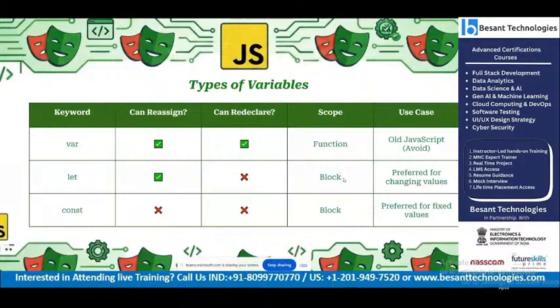In the if block it can be reassigned, but in the main block it can't be. And var you can redeclare anywhere in the program, so that's what many JavaScript developers avoid for security reasons. And coming to const, once you assign, you can't reassign or redeclare it anywhere.